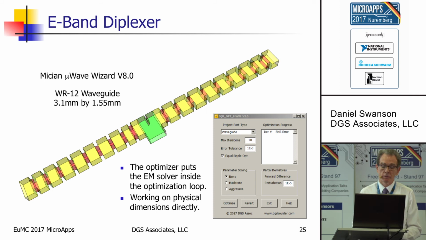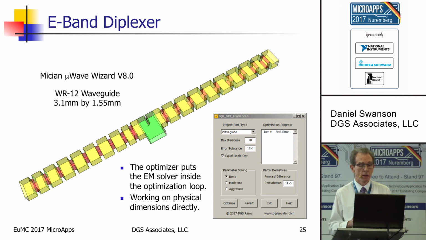So here's, I looked around in the literature, and a lot of people are designing E-band radios. And so I took a quick look at an E-band diplexer. And so I designed a waveguide matched T-junction, and then had some prototype designs for the waveguide filters and hooked it all together in Microwave Wizard.